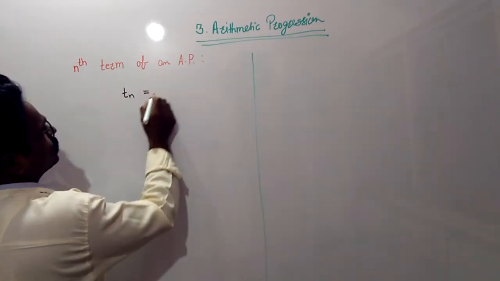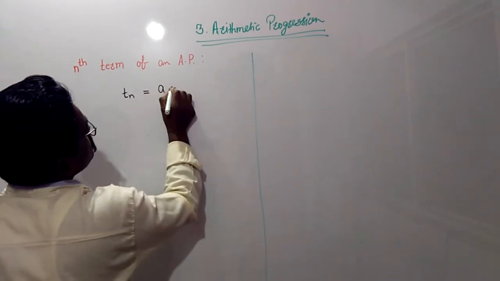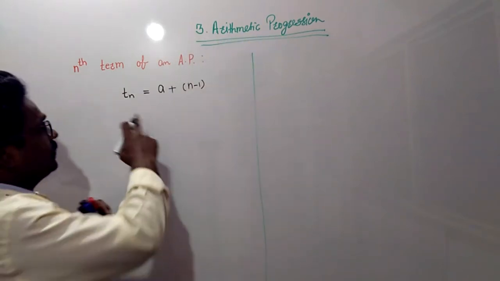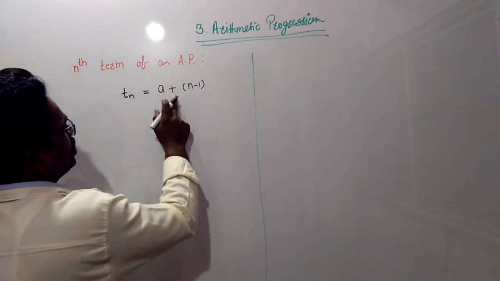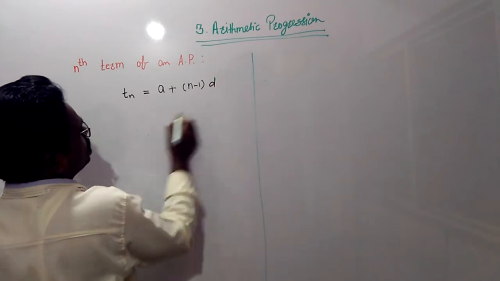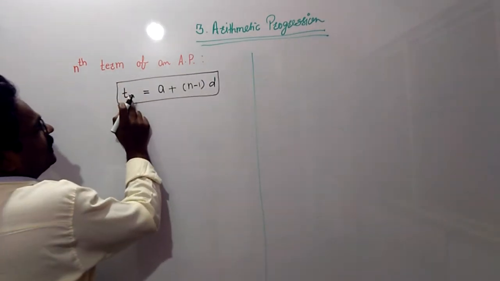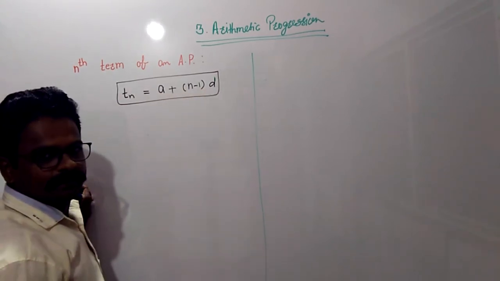So Tn is equal to a, meaning the first term, plus n minus 1, where n is the nth term and n minus 1 means the previous one. Tn is equal to a plus n minus 1 into d. The nth term is equal to the first term plus n minus 1 into the common difference d.